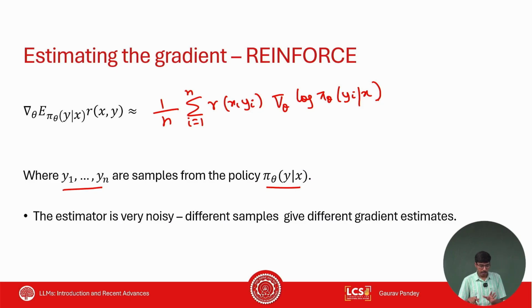So this is the first part of moving towards PPO, deriving the REINFORCE gradient estimate. Now this estimate is actually quite noisy. Why is it noisy? If I had chosen a different set of samples, I would have gotten a different gradient. When you are doing instruction tuning, your input is fixed, output is fixed, and your gradient is always fixed.